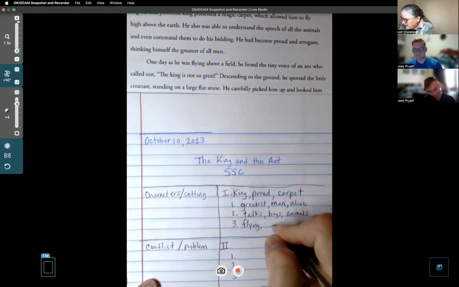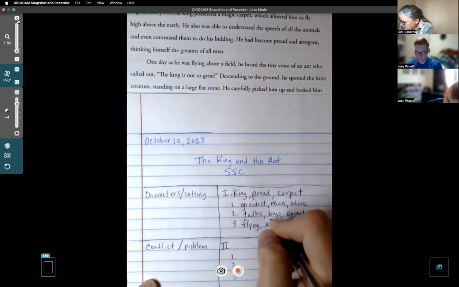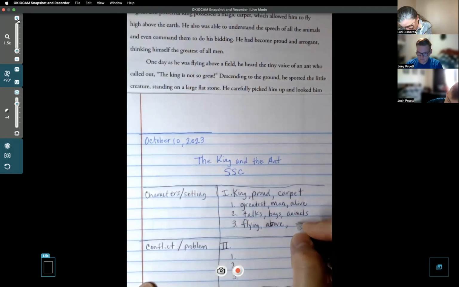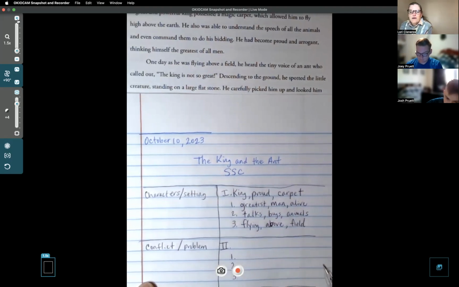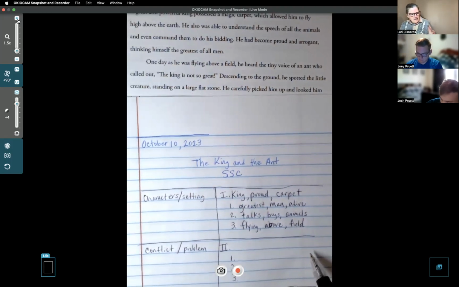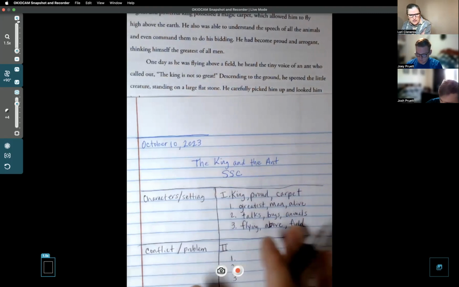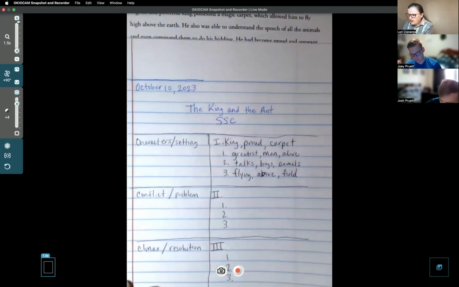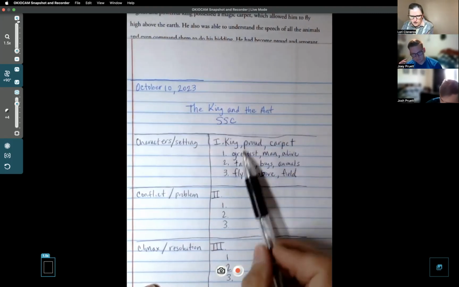Flying above. Flying the carpet. Flying above the field. Okay, now we got the background. We set the scene here. So we've got the character and what he's doing.